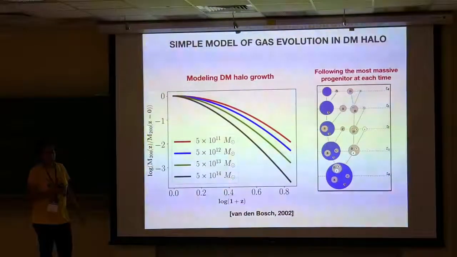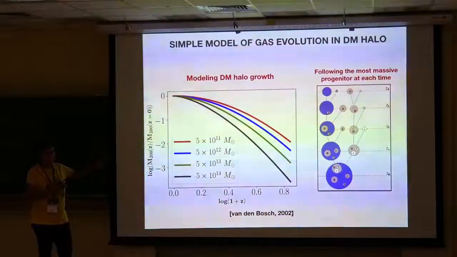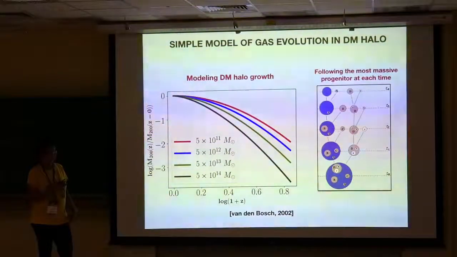is done from the Millennium n-body simulation. You take the halos at the current redshift and you trace back the constituents in the previous redshifts, and you see the most massive progenitor of that halo. You trace back the most massive progenitor till some redshift of your interest, and you say that on average the halo is growing like that. So it's basically a smooth, or average, growth of each halo.